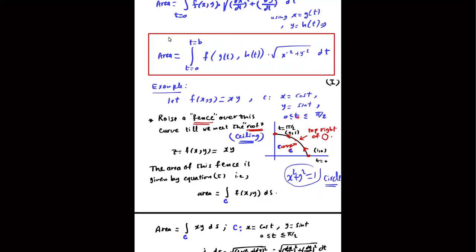When t equals 0, you see the point (1, 0): cosine 0 is 1, sine 0 is 0. When t is pi over 2, cosine pi over 2 is 0, sine pi over 2 is 1. So you go along this part of the curve. And we have put this arrow here to show the direction of the curve. This is the initial point, and this is the final point.